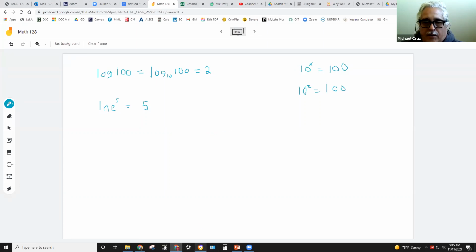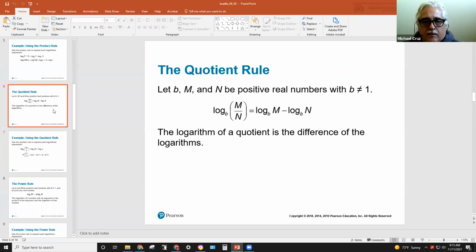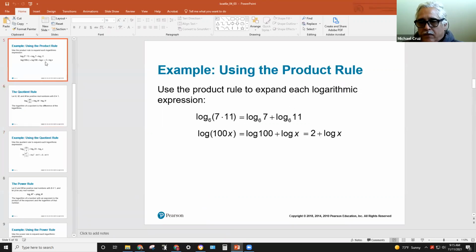Again, that went back to a rule from the last section. So 5 minus ln 11. It's not quite the same as this, but it's similar.